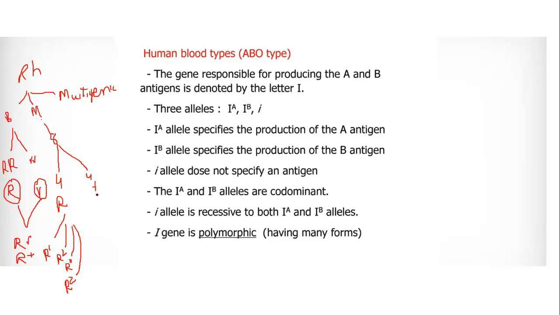And among the small r, there are four alleles: r, after the r there is a second allele which is r prime, then r double prime, and to distinguish from the capital R, rY.